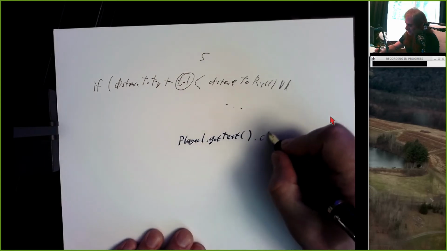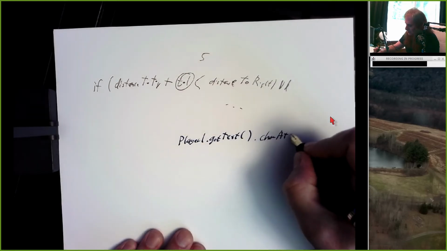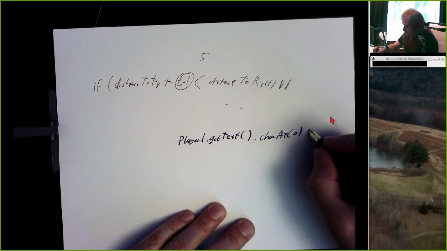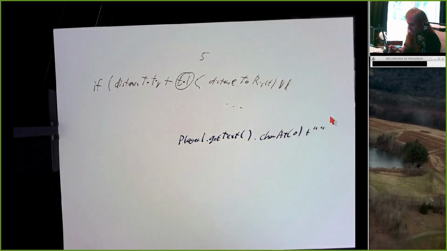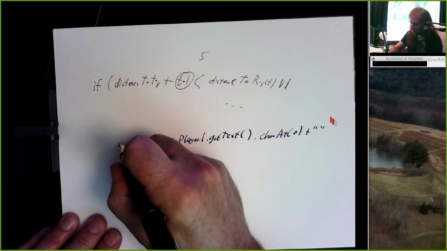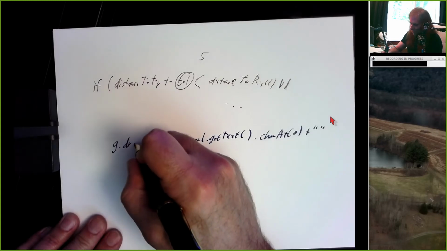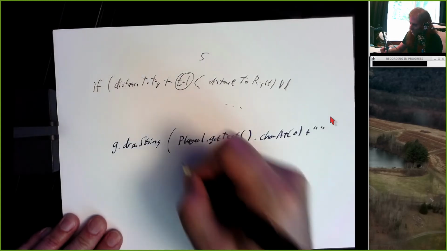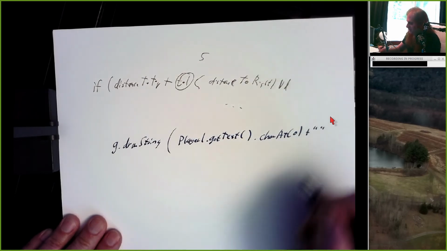And you can say charAt(0), and that gives you the first initial. You could add an empty string to that to turn that into a string. And then you could say g.drawString, and this would be the string that you pass.